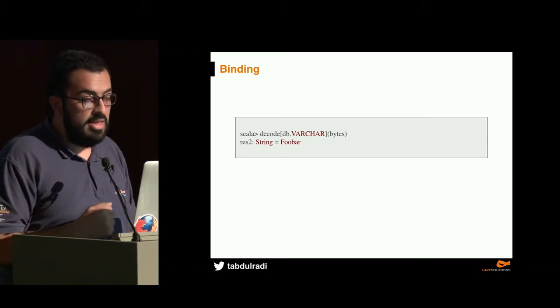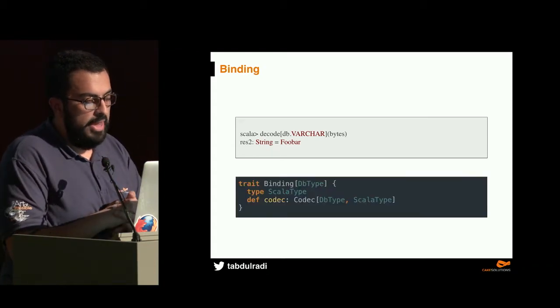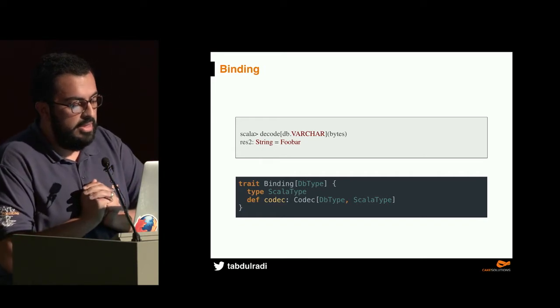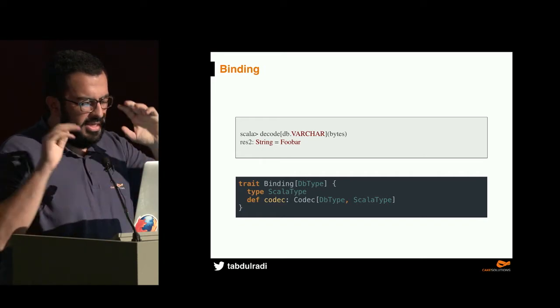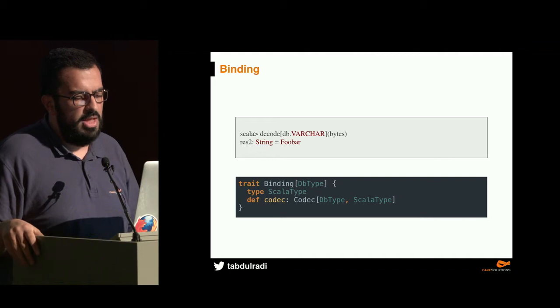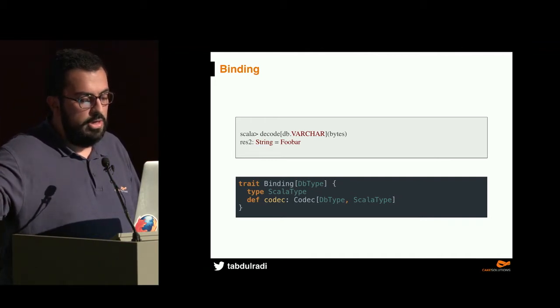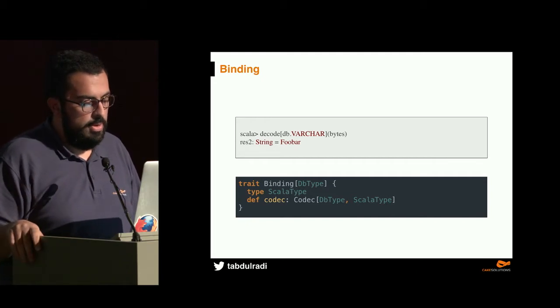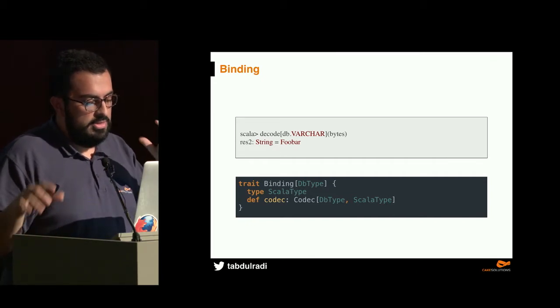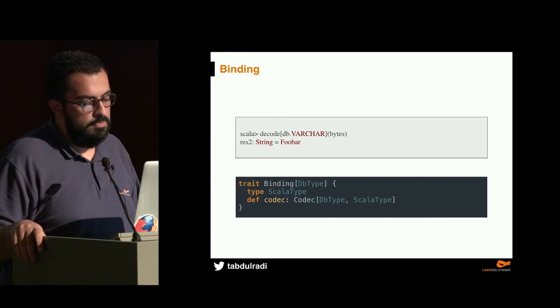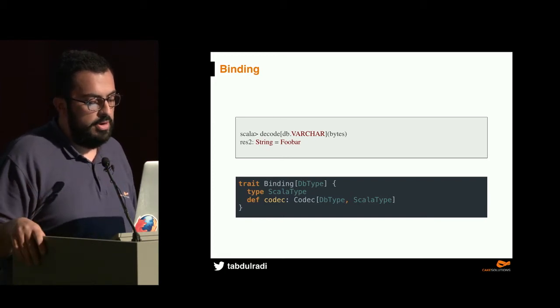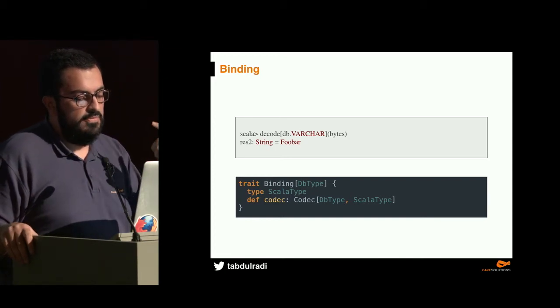So we're gonna implement another type class, call it binding. It's a little bit similar to the codec type class, but we have moved the Scala type from being a type parameter to a type member. And the rule about when to put it on a type parameter or a type member: think of a type class as a function.